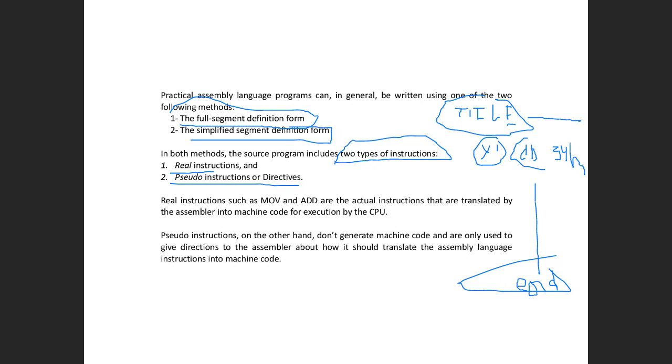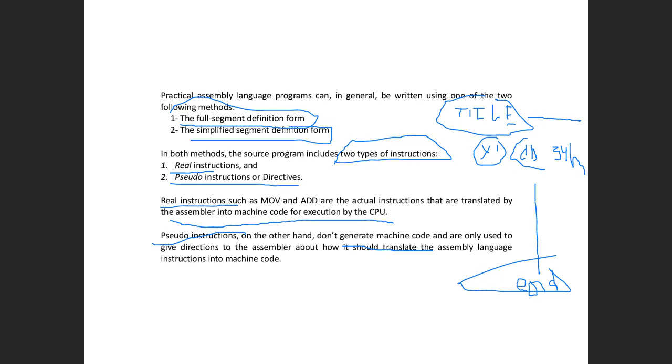So look here, real instructions such as MOV, ADD are the real instructions. They are translated by the assembler into machine code for execution by the CPU. But pseudo instructions, on the other hand, do not generate machine code. They are only used to give directions to the assembler about how it should translate the assembly language into machine code.